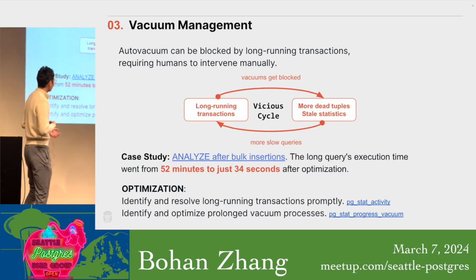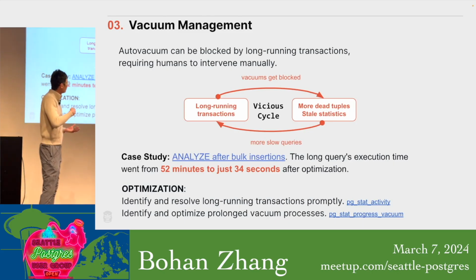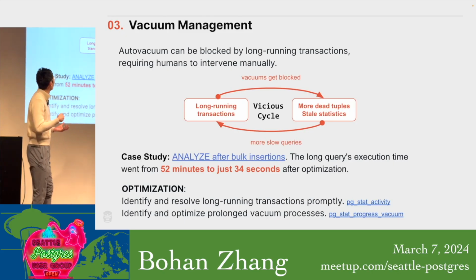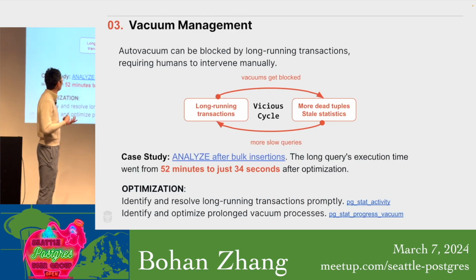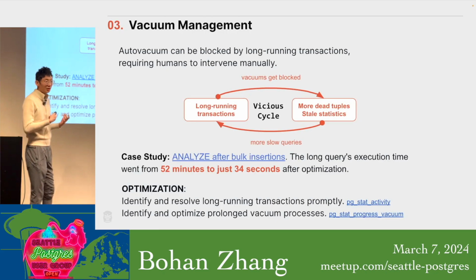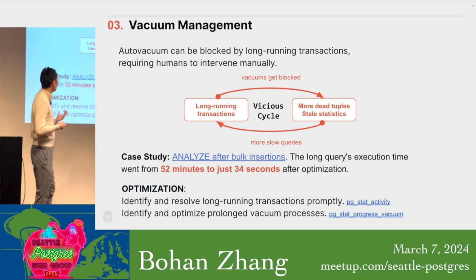We need to identify and resolve long-running transactions properly. For this vicious cycle, we need to request a human to find the long-running transactions as soon as possible and kill them, or find the issue of why there are those long-running transactions. In this example, we found that we need to run ANALYZE after each bulk insertion.